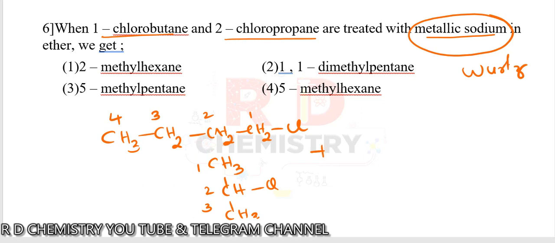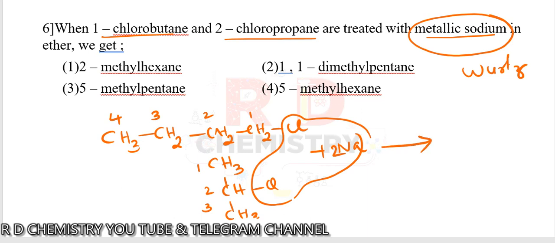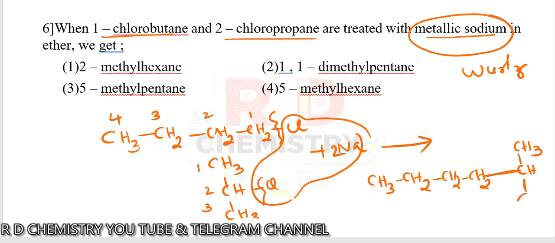In the presence of metallic sodium, 2 moles, remove 2 moles of sodium chloride. Now break this carbon-chlorine and carbon-chlorine, form a new bond between the CH3, CH2, CH2, CH2 first one and the second one to the middle carbon atom of the propyl group. So it should be like this, CH3.